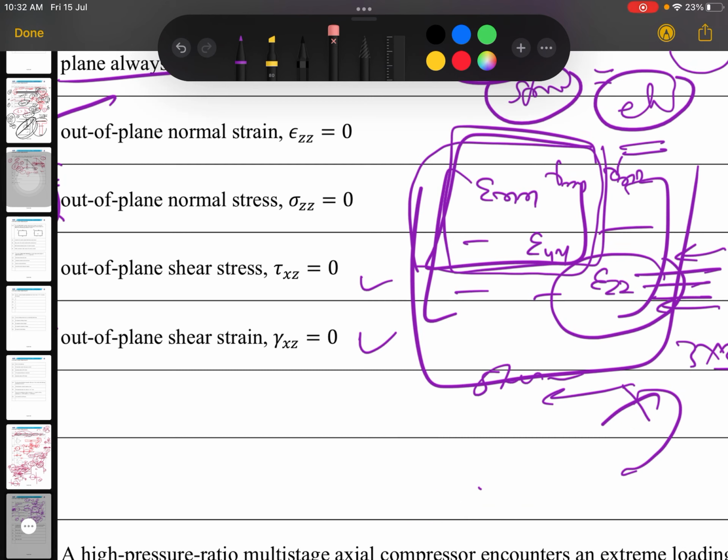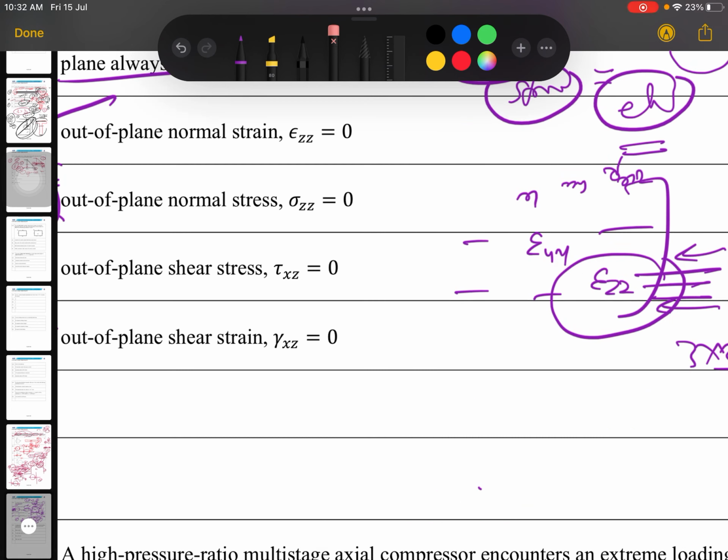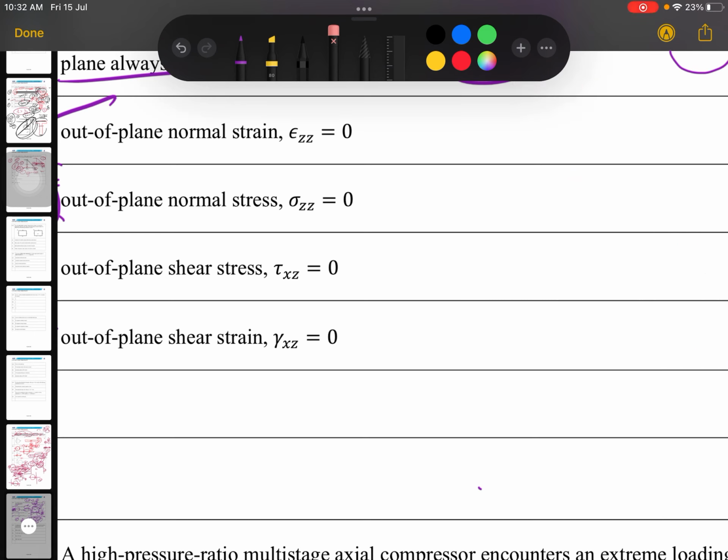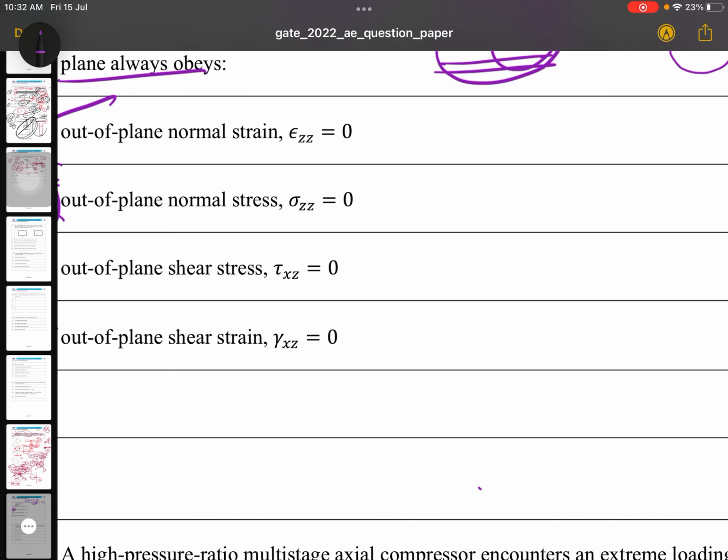You may be remembering, with the help of Poisson's ratio, you can connect all the stresses and strains. I'll go directly to sigma zz. You can find it in terms of epsilon xx, epsilon yy and epsilon zz.